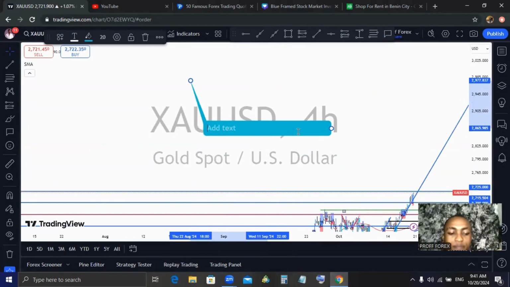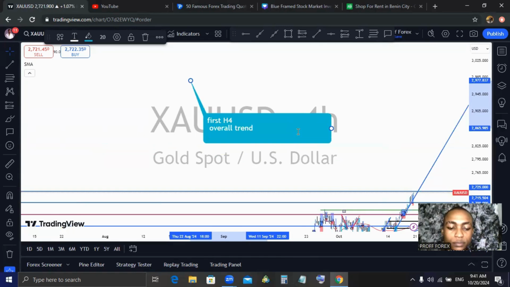Number one, H4, overall trend. Two, high and low of the week.